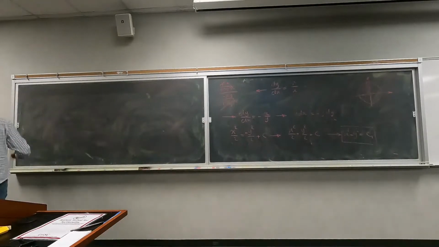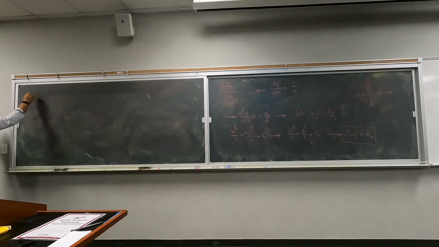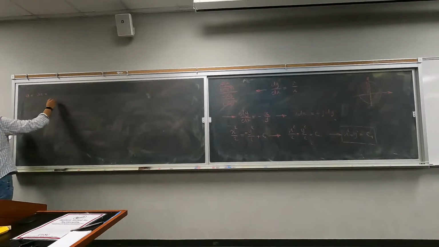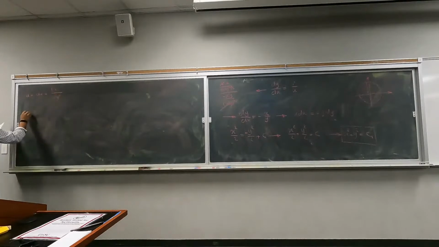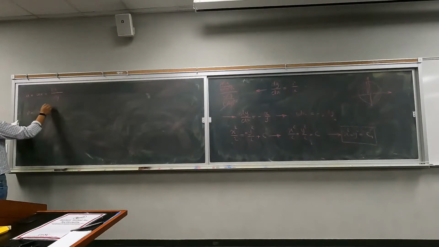You are given, again, two velocity components: u equals ax plus bx divided by x squared plus y squared, and v equals ay plus by divided by x squared plus y squared.